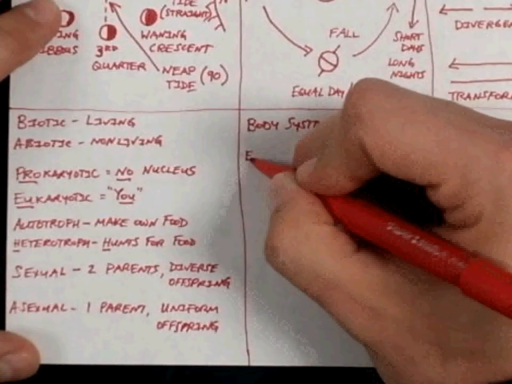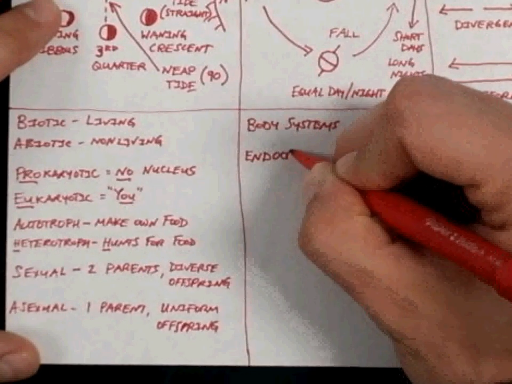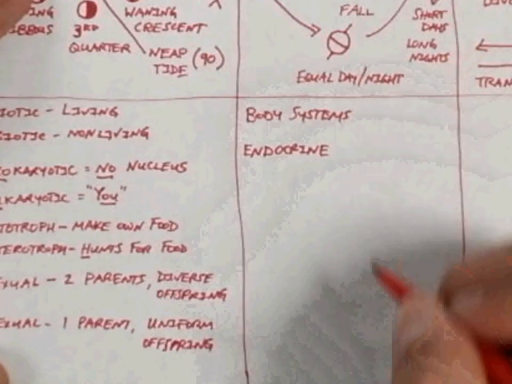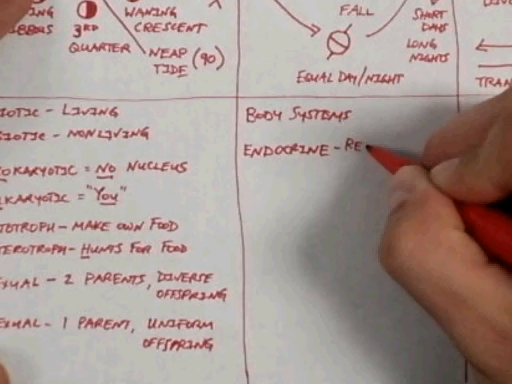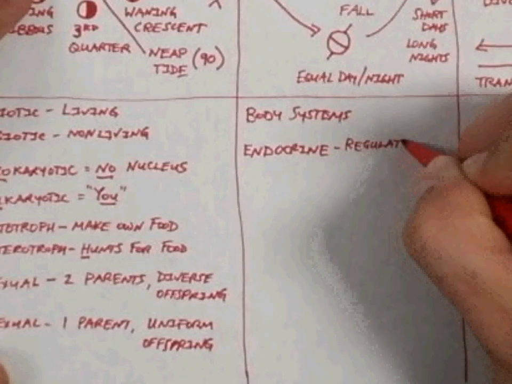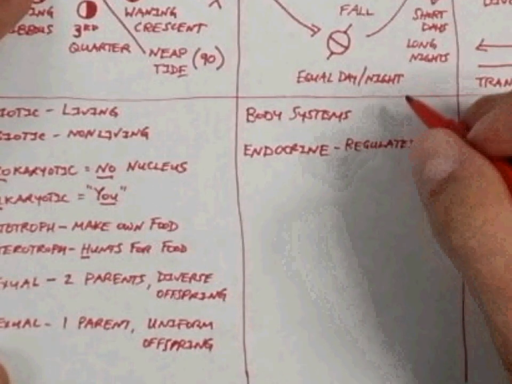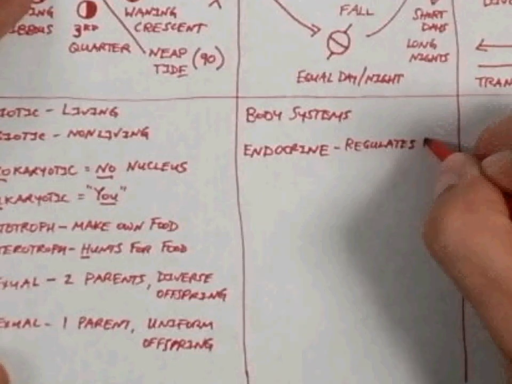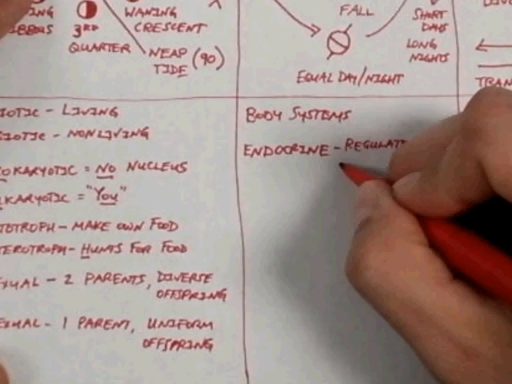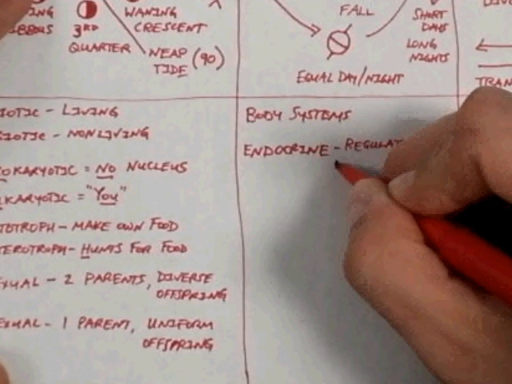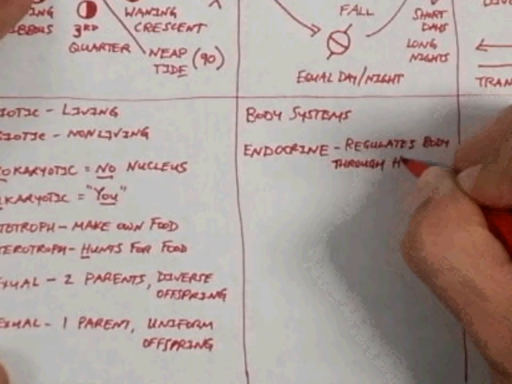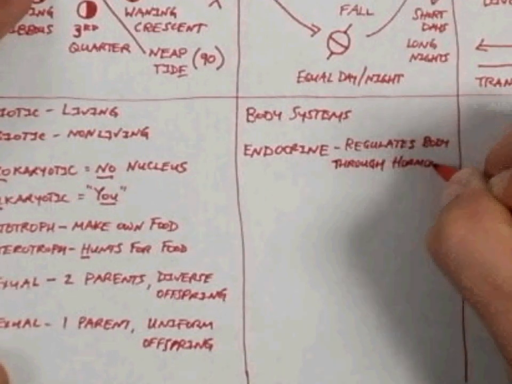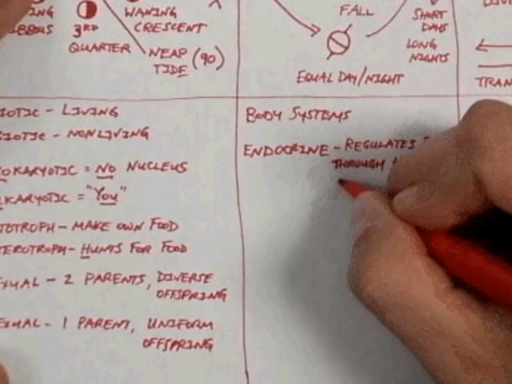The endocrine system regulates your body's chemistry using hormones and glands. That's a tough one. You just have to commit that one to memory. I don't know any way to remember that. If you do, I'd love to hear about it in class.